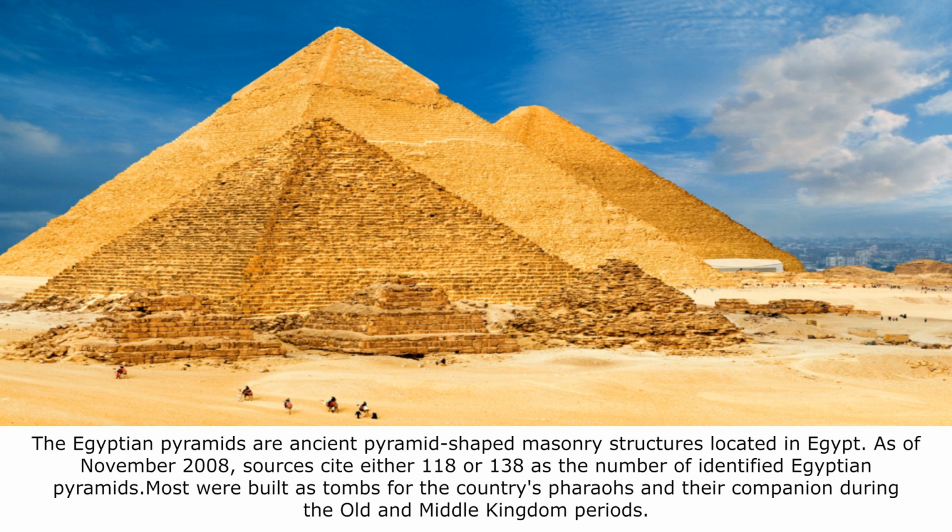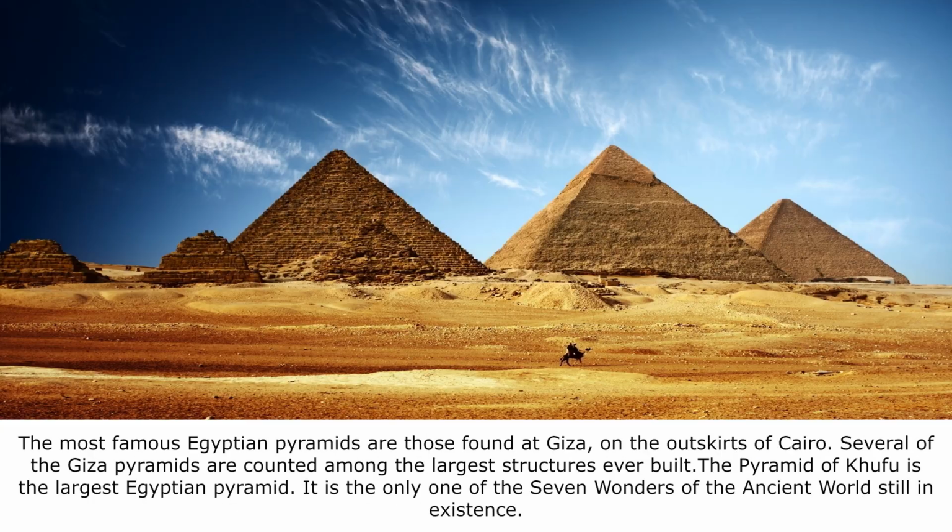Students, we can say that the Egyptian pyramids are ancient pyramid-shaped masonry structures located in Egypt. Most were built as tombs for the country's pharaohs and their companions during the Old and Middle Kingdom periods.